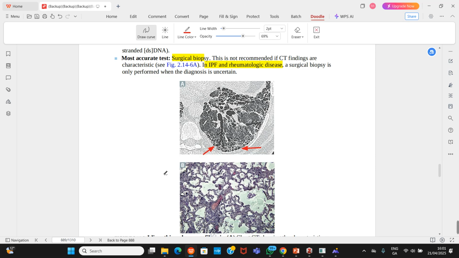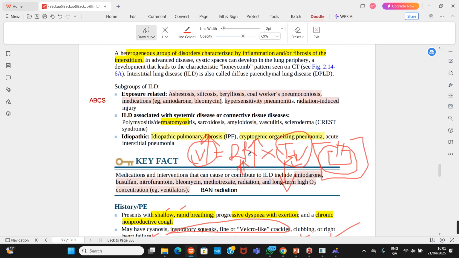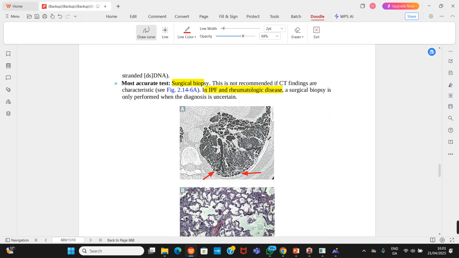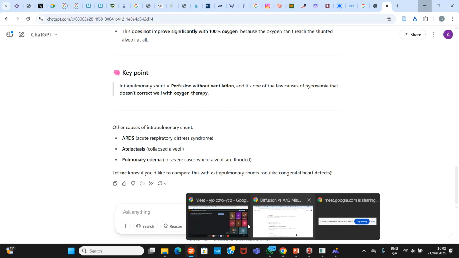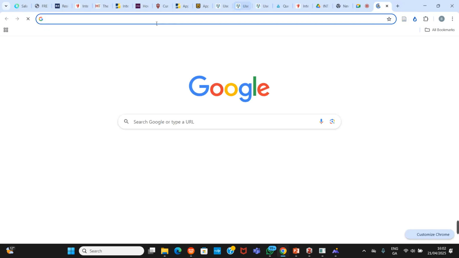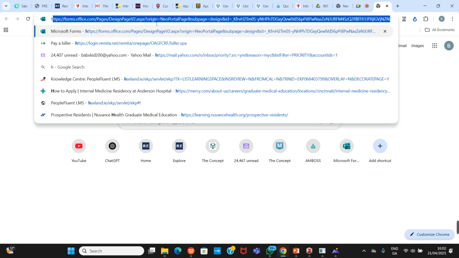So let us see if we have a very good image. This one is not a very good image, actually. And it's very surprising that you don't attach a very good image. But this is what it looks like, the honeycombing appearance.